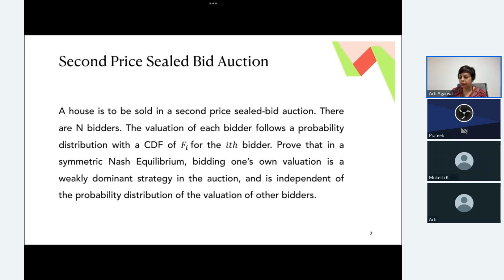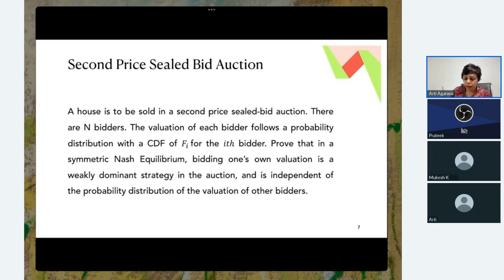All you're asked is to prove that a certain given strategy is weakly dominant. And why weakly dominant? Why not strictly dominant? We'll look at that, but also because in the case of continuous random variables, the equality itself doesn't carry too much meaning anyway. So we don't have to worry too much about it in the long run.